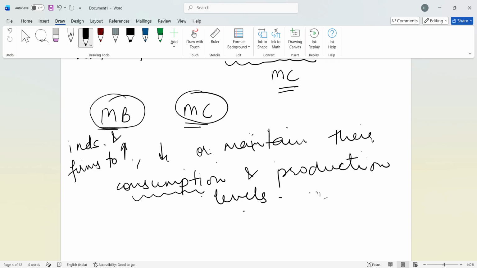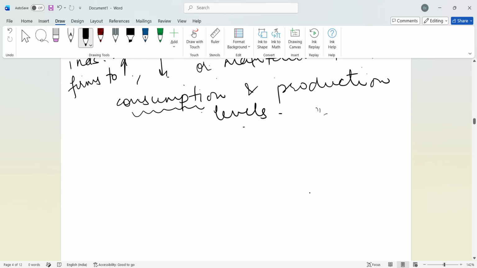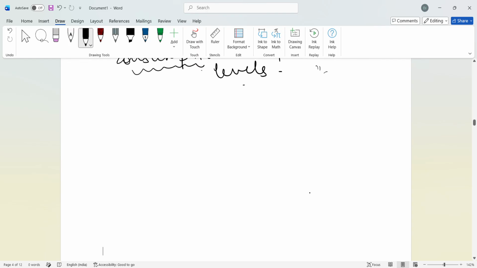All right. Okay, now with this, let's understand how marginal benefit and marginal cost help to increase, decrease, or maintain consumption levels.